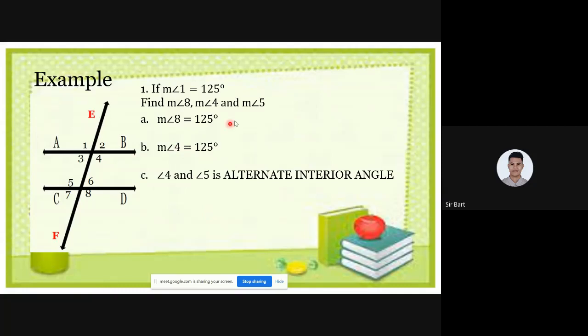Next is find the measure of angle 5. If the measure of angle 8 is equal to 125 degrees and the measure of angle 4 is also 125 degrees, what is the measure of angle 5?